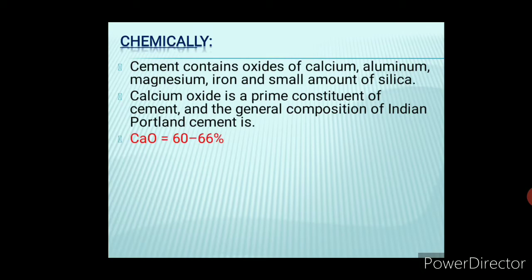It contains calcium oxide 60 to 66%, silicon dioxide SiO2 17 to 25%, aluminium oxide Al2O3 3 to 8%.